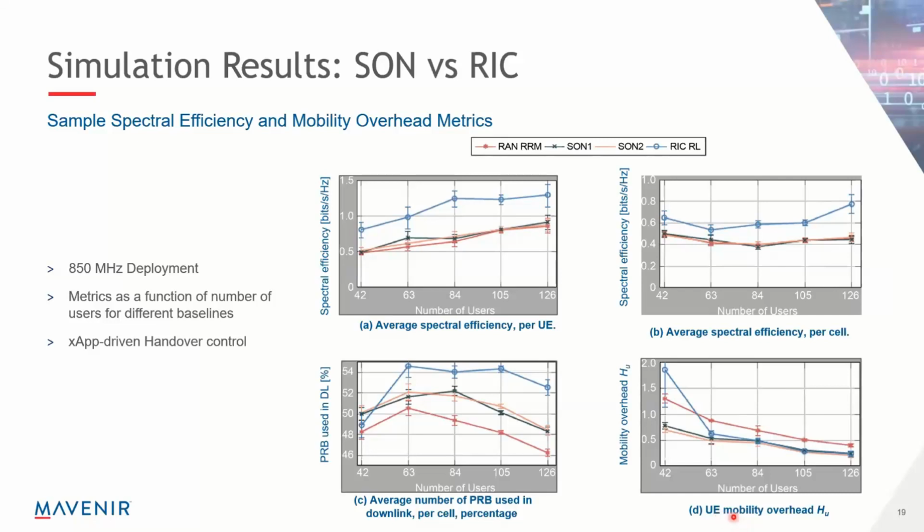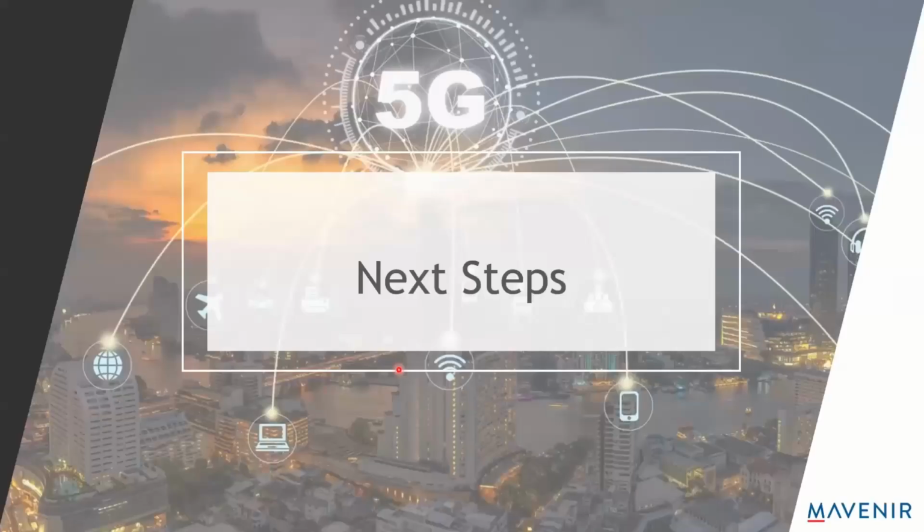So UE mobility handover, as well as the average number of PRB usage, have been improved at the KPI level with the RIC functionality. So it's very clear, and the testing is showing it has a promising use case, and it definitely can do more compared to the traditional SON or the traditional RAN optimization.